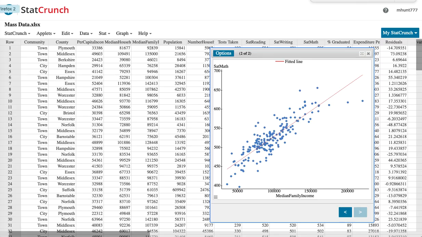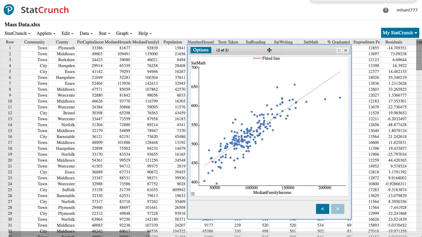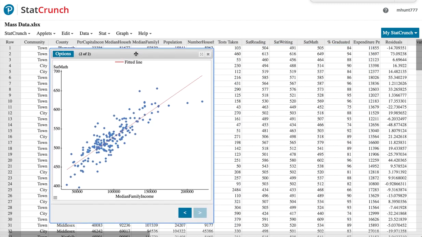So we're going to go back to the StatCrunch output, and I'm looking for negative residuals. That is points below the prediction line. Here's a point that is kind of far below the prediction line, and here is another point that is pretty far below the prediction line.